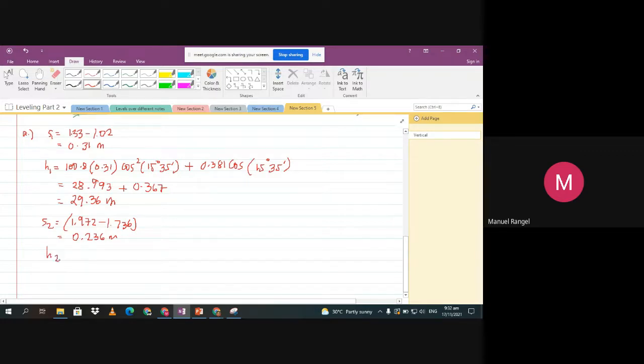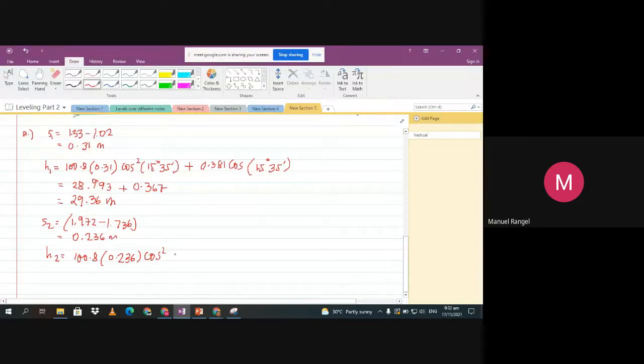And for H2, we have Ks cosine squared, that is 100.8 times S of 0.236 times cosine squared.